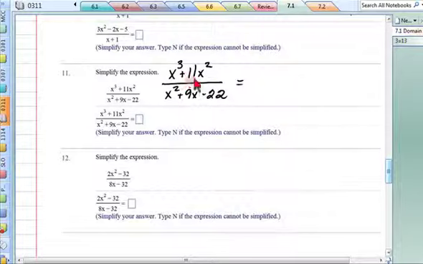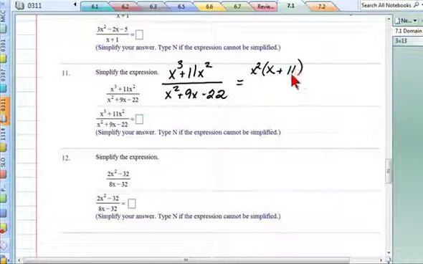Okay, the numerator. Is there a common factor? Yes. X, and what power of x can I take out? Second. Yes. So x squared, that will go into x to the third x times, and it will go into the last one 11 times, over this trinomial. No common factor.